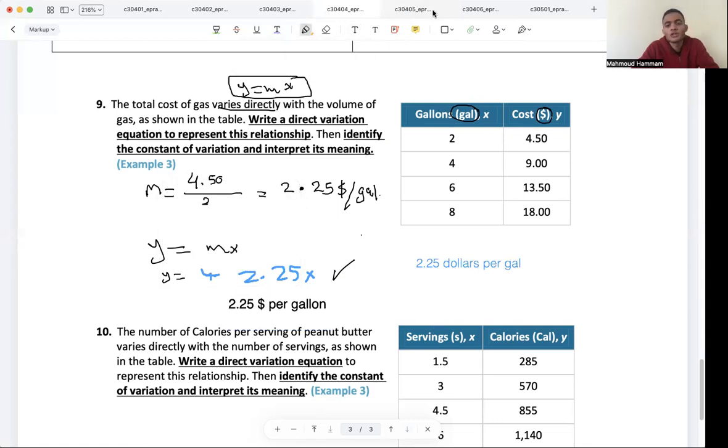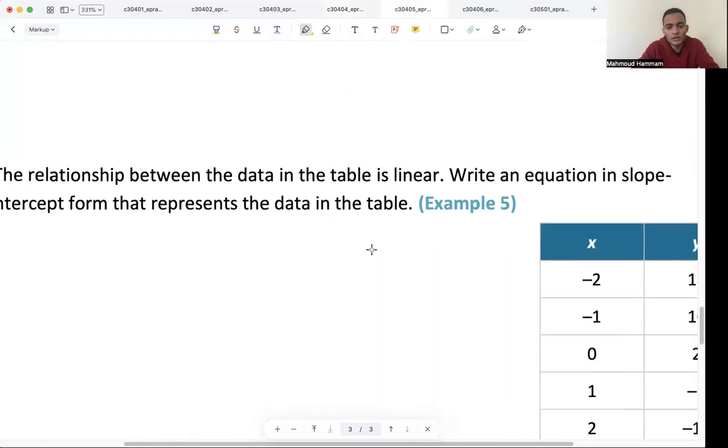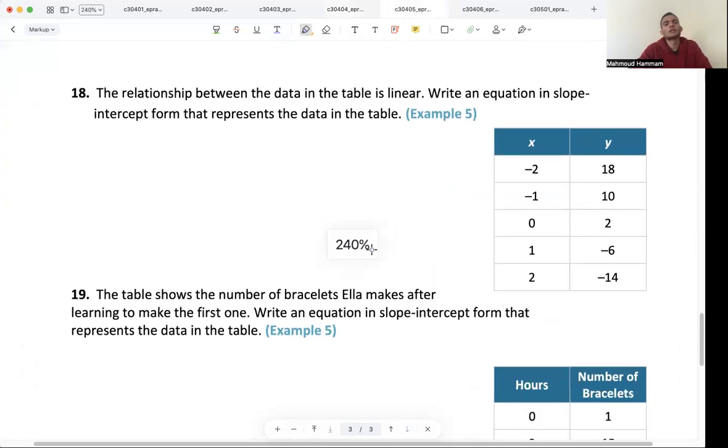Next. So I'm done with tables of variation. I have another table here, in the non-proportional. Take care. Whenever you have a value at x equals 0, this means that you have a y-intercept. You have a b.